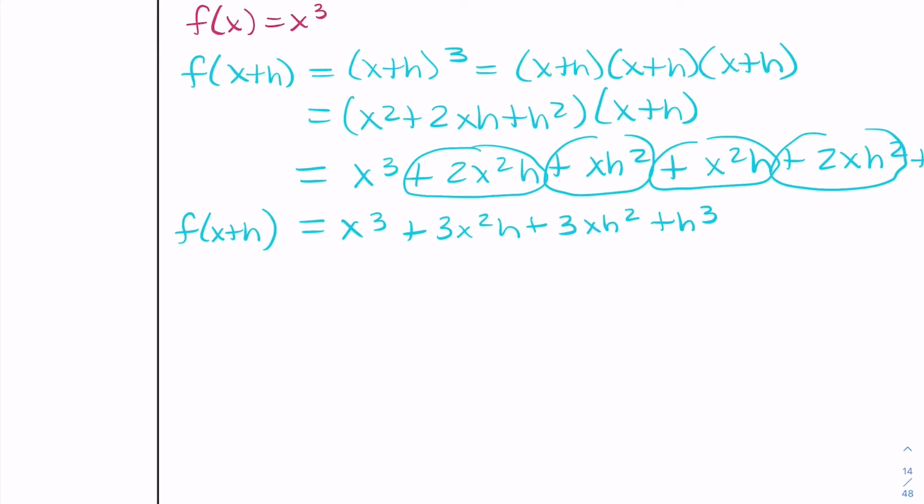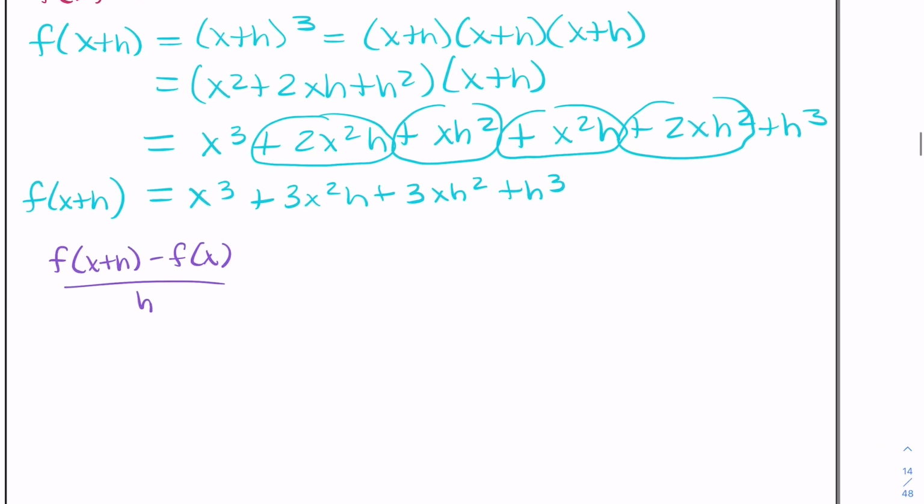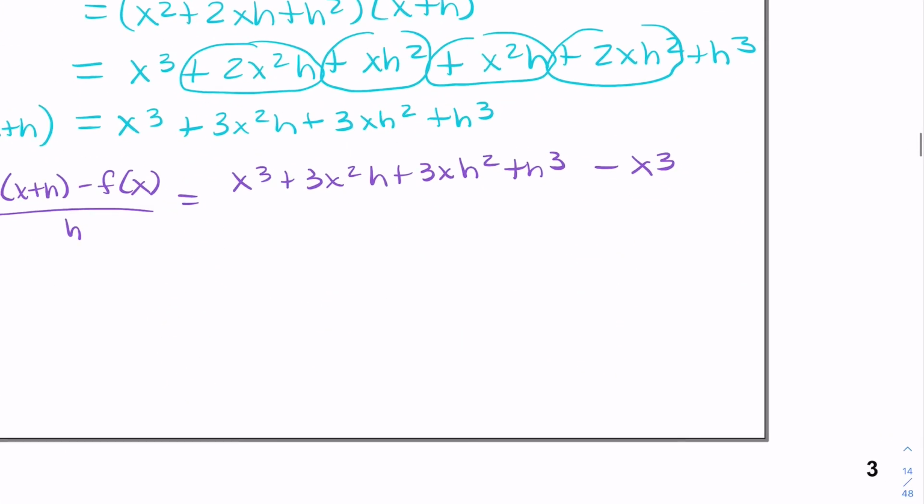And I'm going to do f of x plus h minus f of x all over h. I'm going to get x cubed plus 3x squared h plus 3x h squared plus h cubed minus x cubed, because that's my f of x. I'm going to leave parentheses out of it because I pretty much have it all good here. I'm going to go like this, boom and boom.